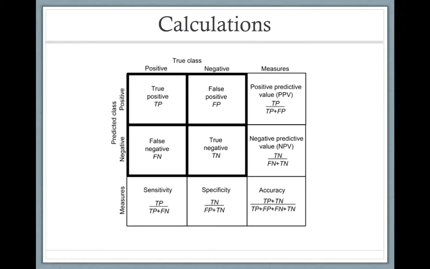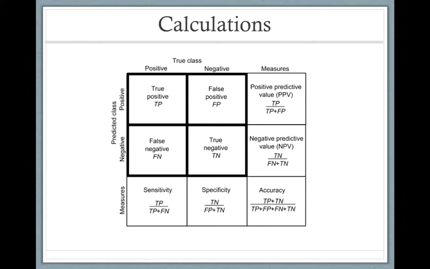The combination of those two are the sensitivity, which is the number of true positives over the number of people that have the disease. So the true positives and the false negatives, everybody that has the disease, whether they're positive or negative on the test. The sensitivity, as I said, is how good we are at determining the people that have the disease.